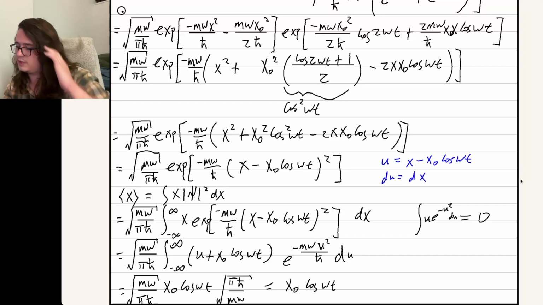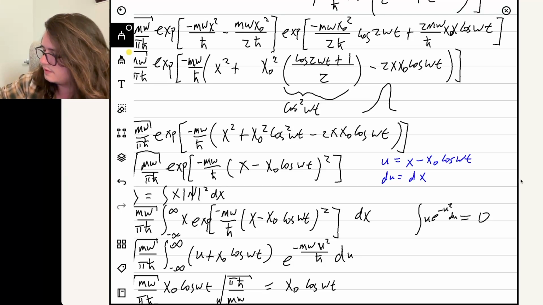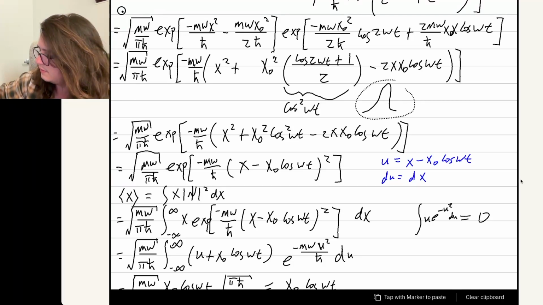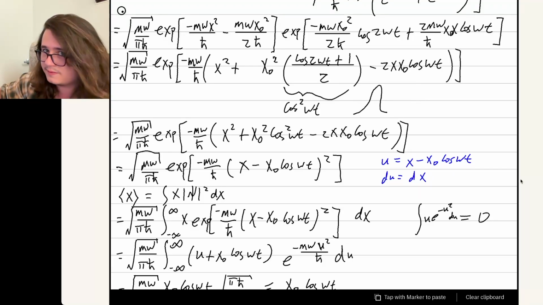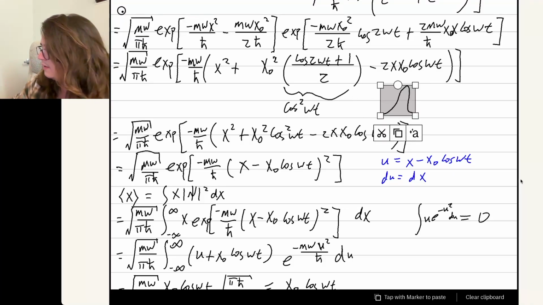That's the only thing that's changing. It's like a Gaussian, but its center is moving back and forth like this with a frequency omega. That's all that's happening.